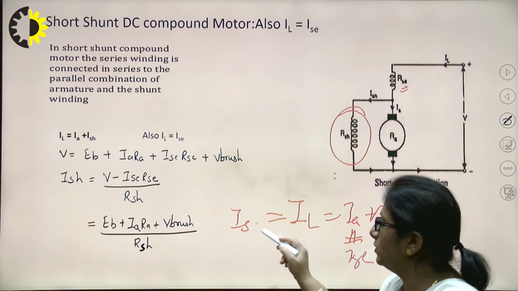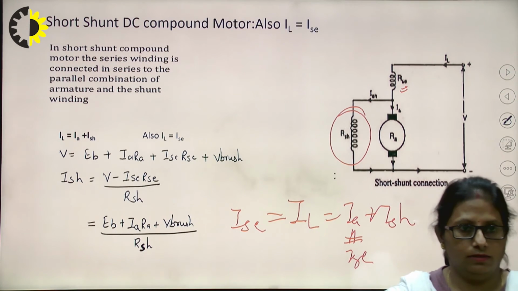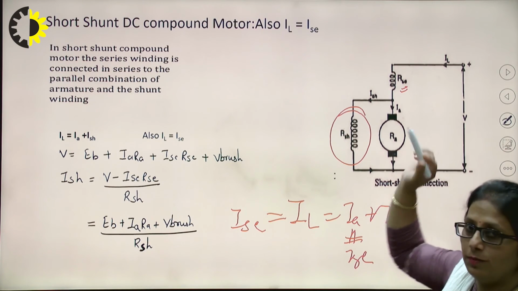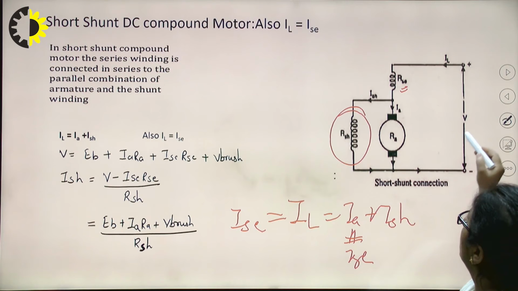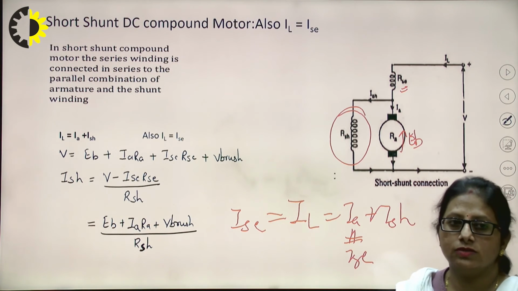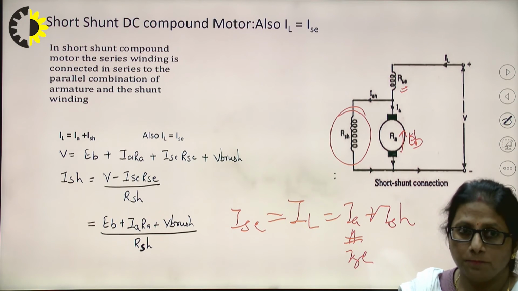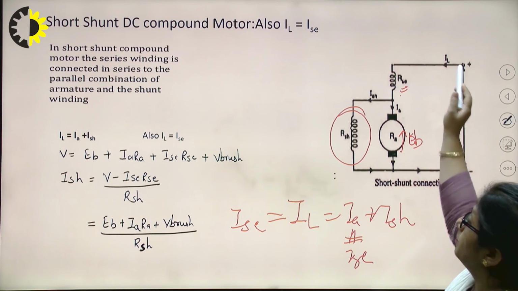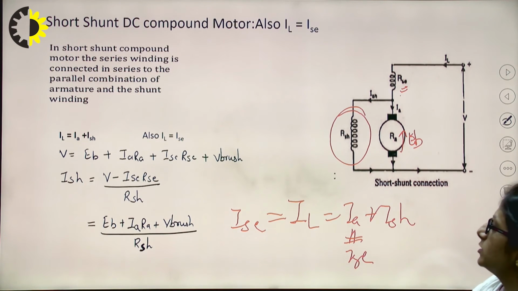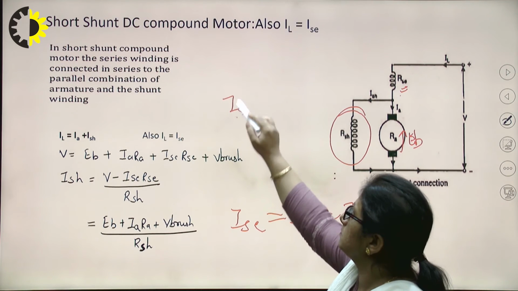My line current is equal to the series field winding current. The voltage equation is going to remain the same. The mesh is the same. The back EMF plus the armature resistance drop IARA plus ISC RSC plus V brush, right?